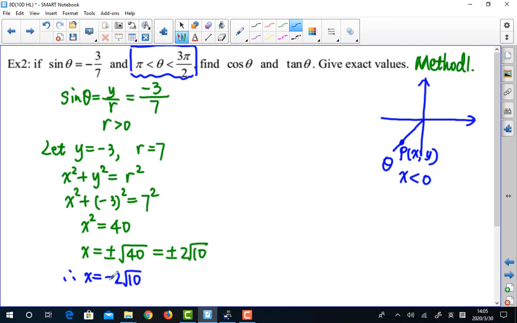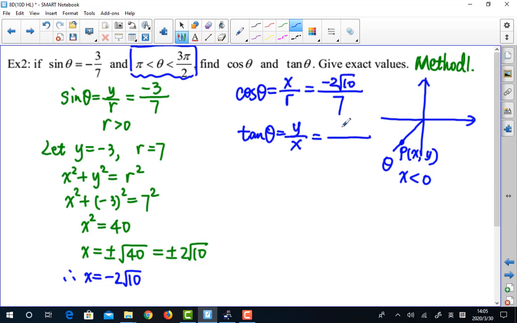After I find this x value, I can use the general definition of the trig ratios to find cosine theta and tangent theta. Cosine theta equals x over r. Right now, x value is negative 2 root 10, r value is 7. And tangent theta equals y over x. Y is negative 3, and x is negative 2 root 10.